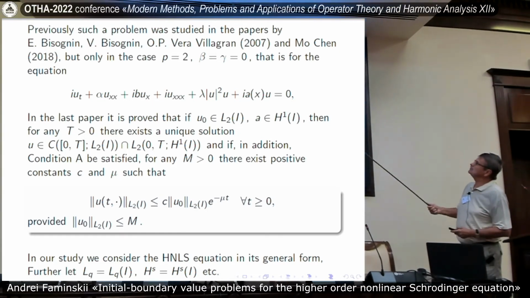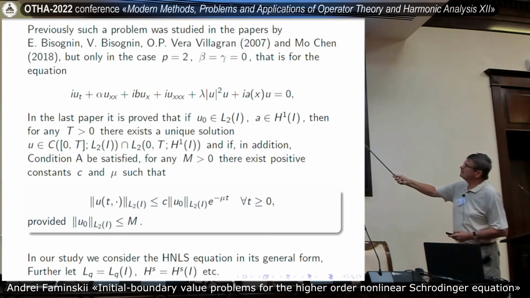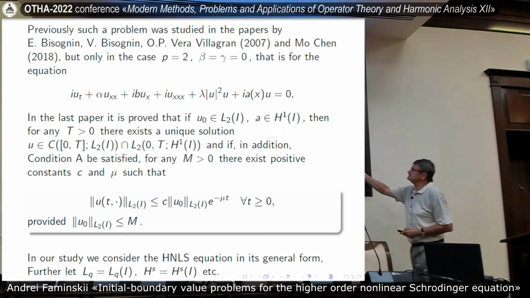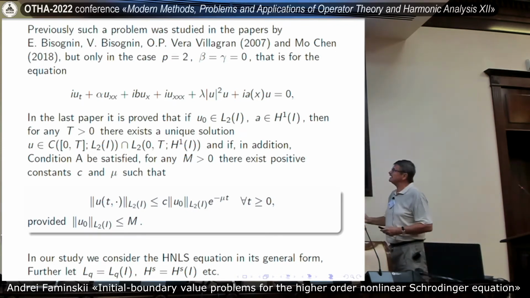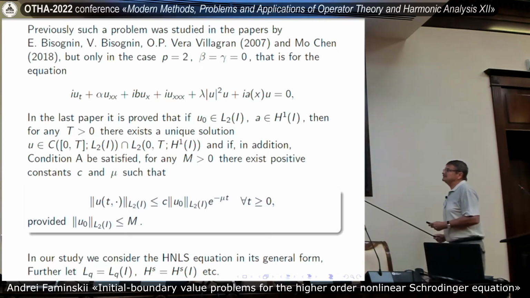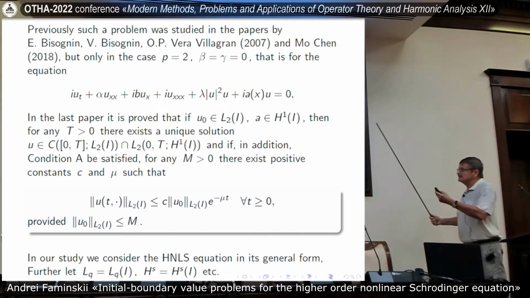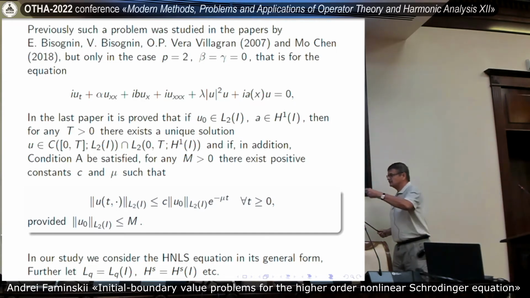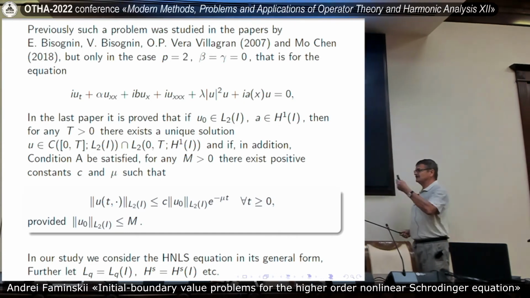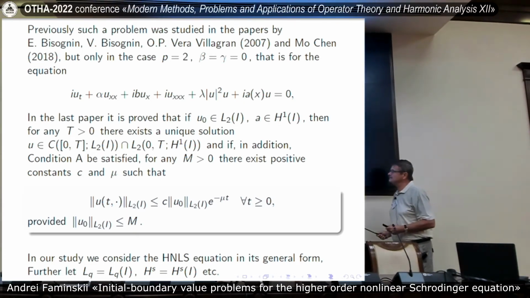Previously such a problem was studied in other papers, but only in the case when p is equal to 2, the simple case, where the nonlinearity has no derivatives. So for such an equation, it was similar to the result for the initial value problem I told you a few minutes ago.